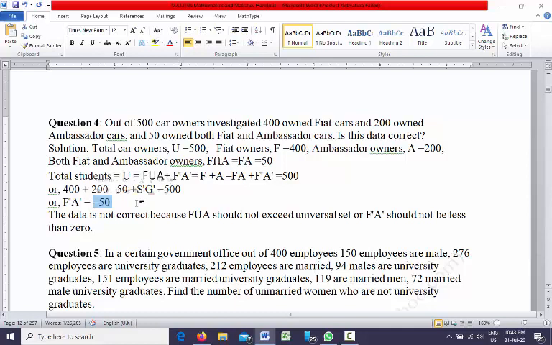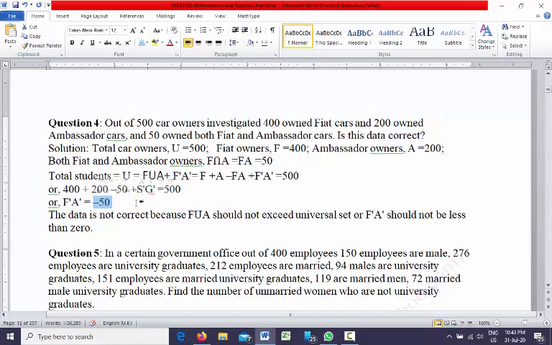That means the number of car owners who neither own Fiat nor Ambassador is minus 50.